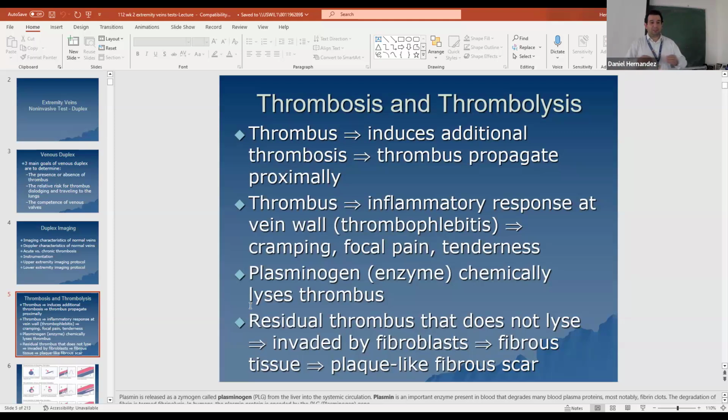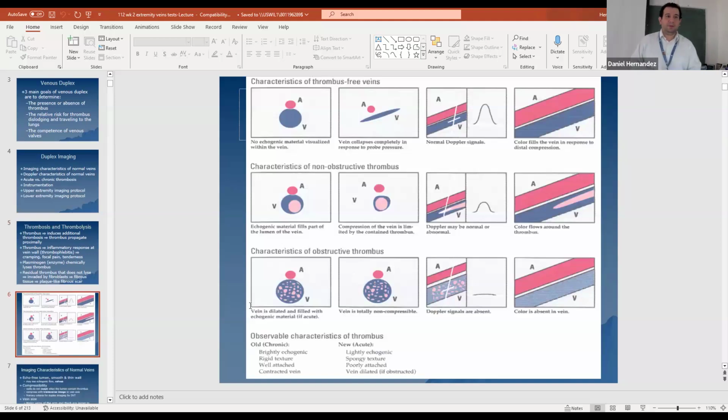So that plaque forms these fibrous scars on the inside of the vessels that we could see on ultrasound.